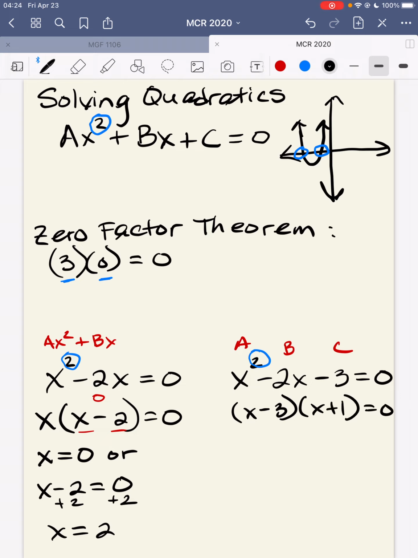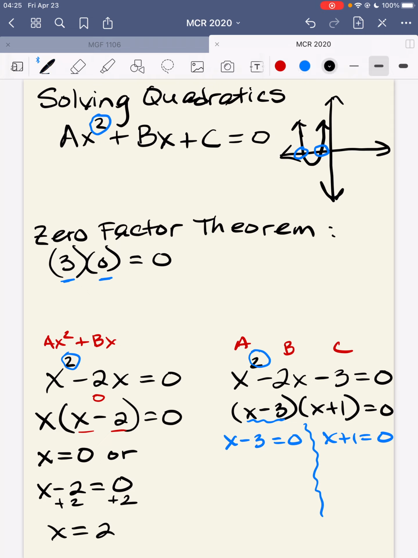All right, which means either my x minus 3 is equal to 0, which would make this piece 0, and 0 times anything is 0, and this makes it true, or x plus 1 is equal to 0. So I'm going to take each of these 2 small equations and solve them real quick. You may be able to do them in your head.